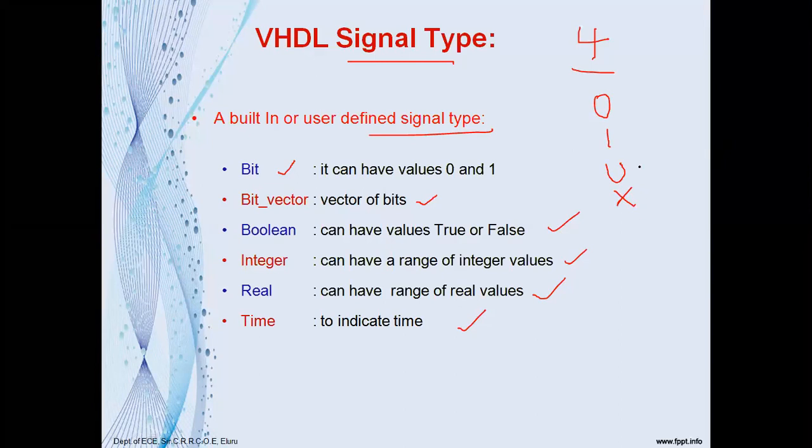Forcing unknown and don't care condition. So these are the four basic types of signals that are available in VHDL here.